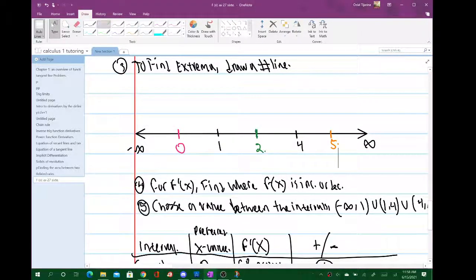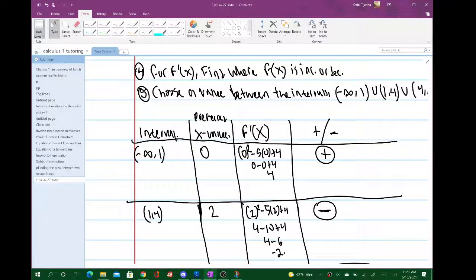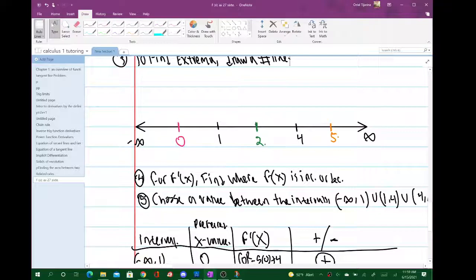We know the derivative is the rate of change, really. So what does that mean if the rate of change is positive? It means the function is increasing.